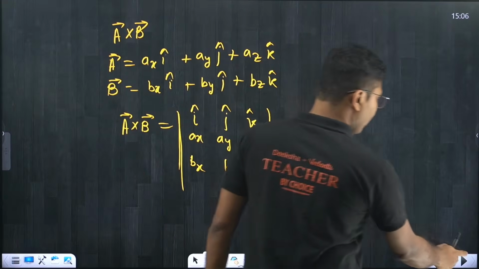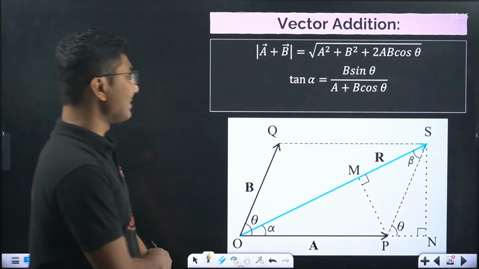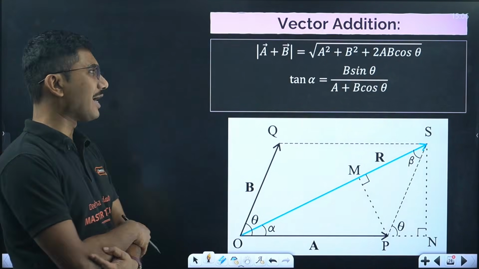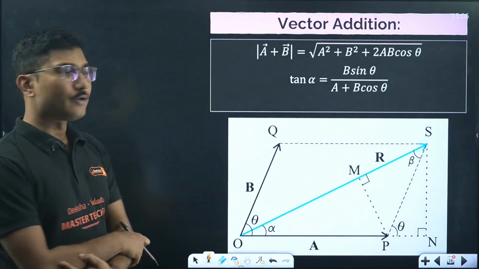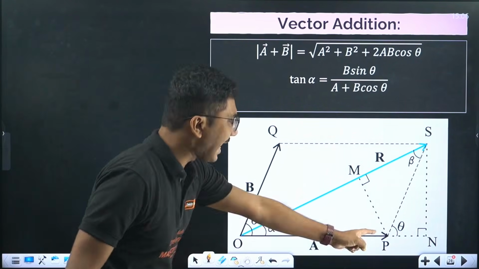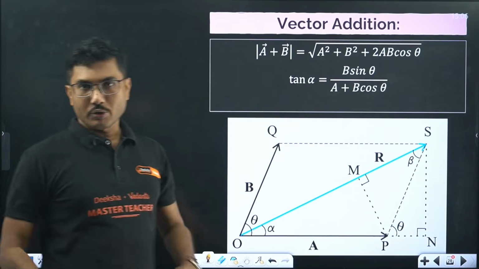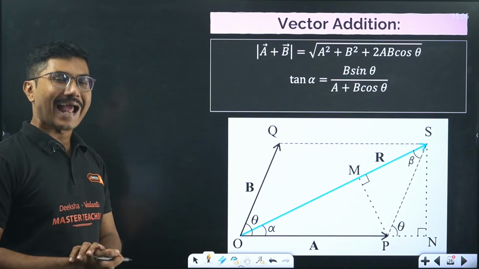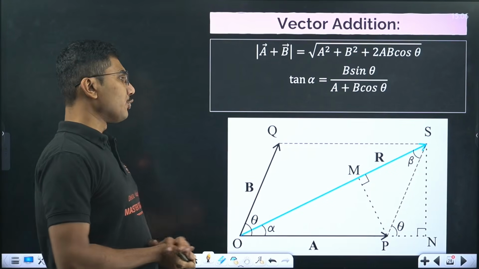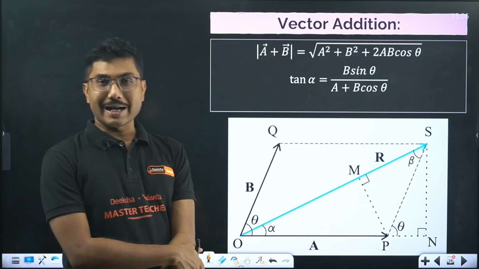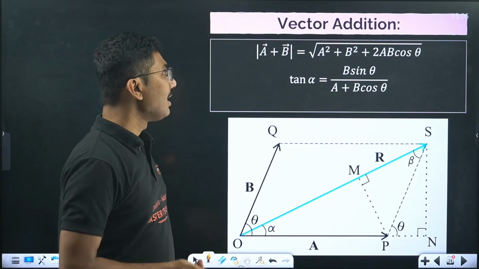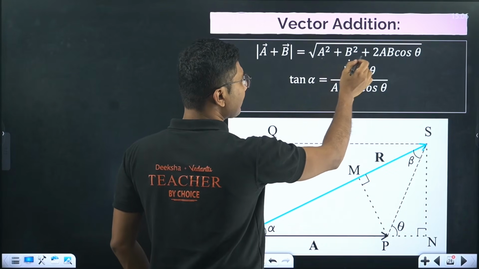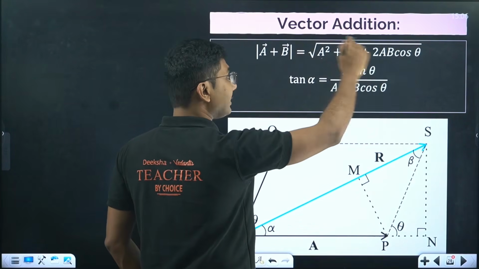Now let's move on to the next part where we are discussing vector addition. After multiplication we are coming back to addition. So when you add two vectors, say vector A and vector B, making some angle theta with each other, how can you add these two vectors? The very simple formula is square root of a square plus b square plus 2ab cos theta.